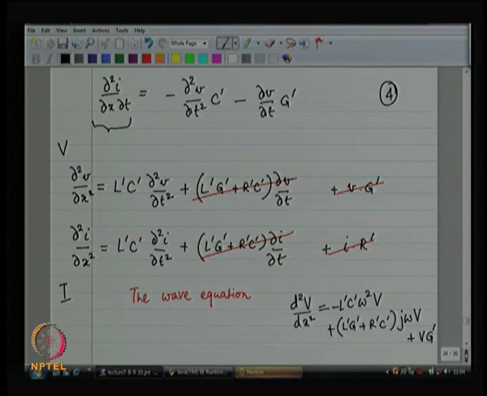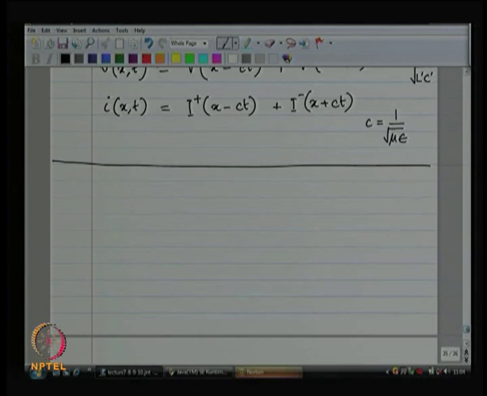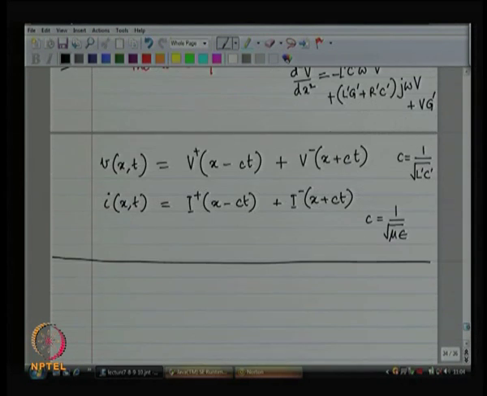Okay. And similarly, you can work out the equation for the current. It is going to be a very similar equation. So, let me rewrite this equation.